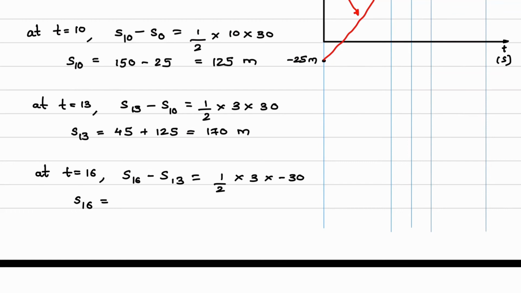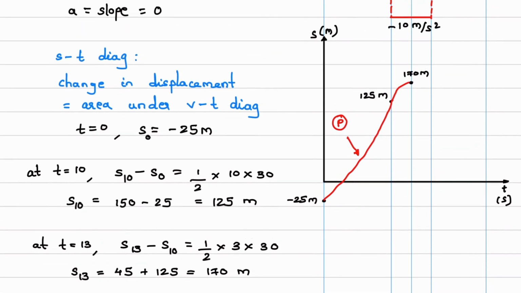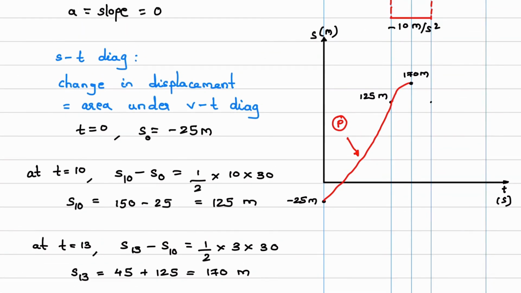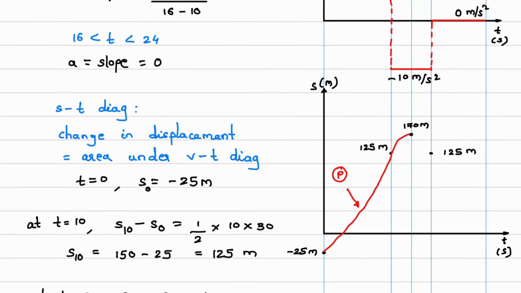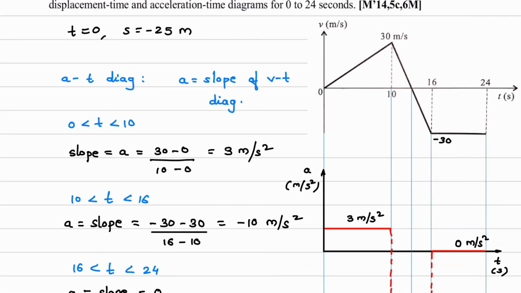So we'll write down S16 is minus 45 plus 170. It is 125 meter. So we'll plot this on the ST diagram now. So ST diagram, this will be the point 125 meter.